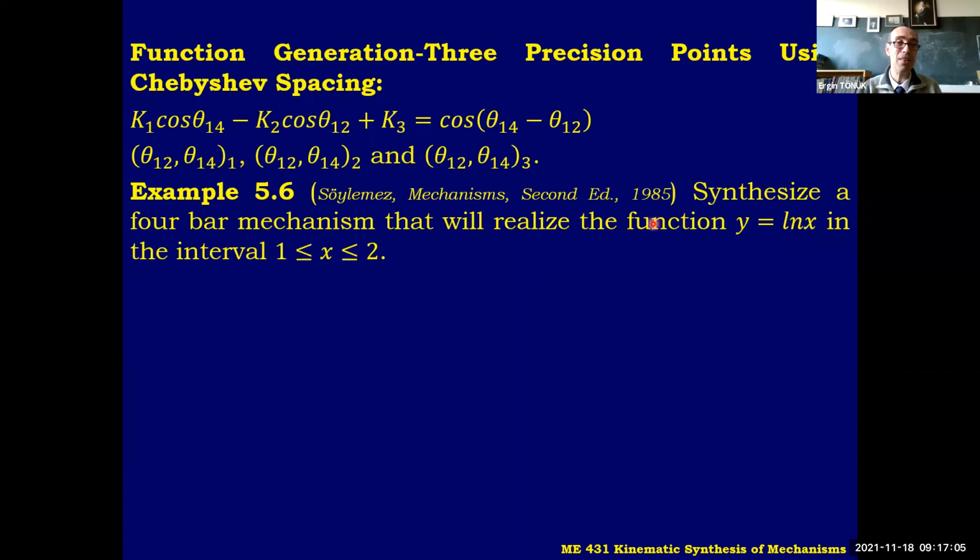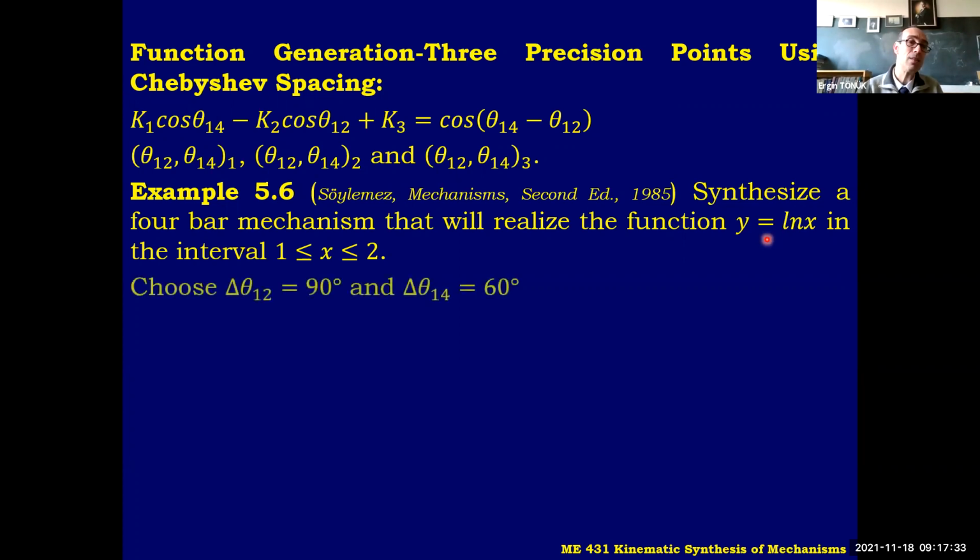So this is actually a function generation, which is similar to correlation of crank angles. We will have the function satisfied exactly at the so-called precision points and try to minimize the difference between the function that's generated by the mechanism and the function that is required, okay?